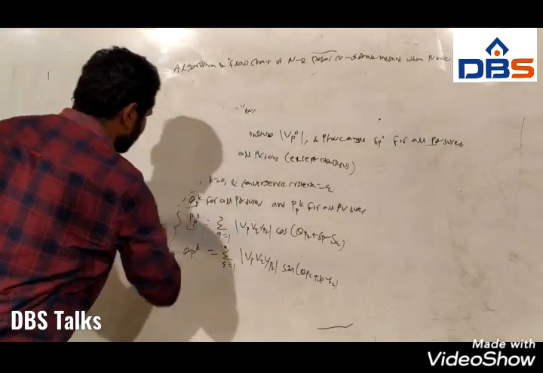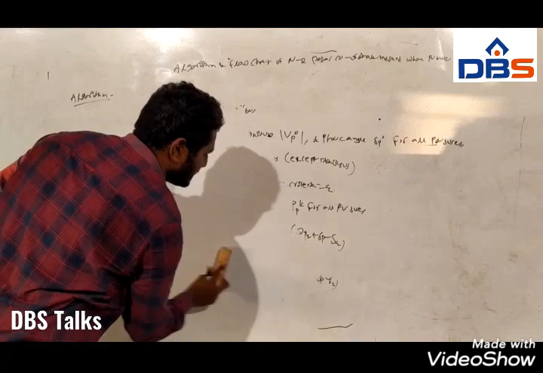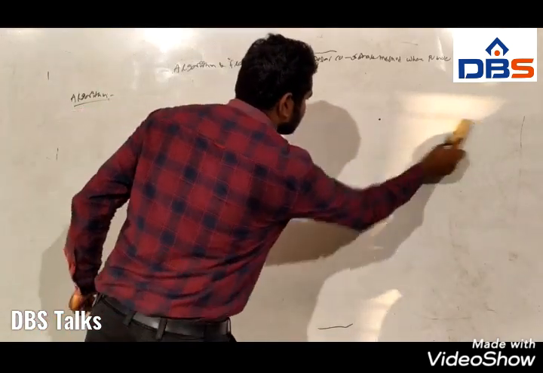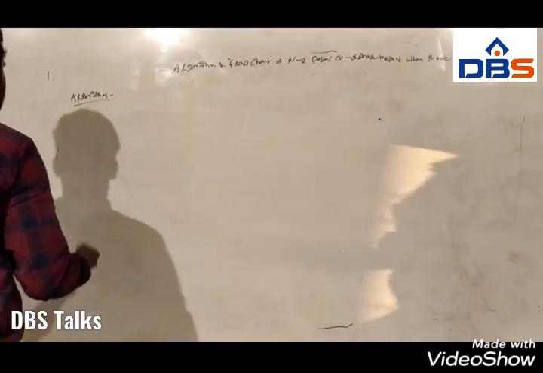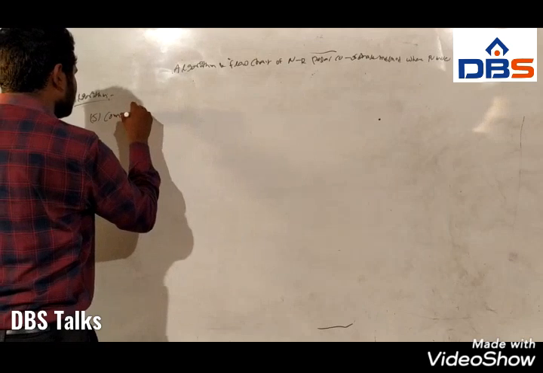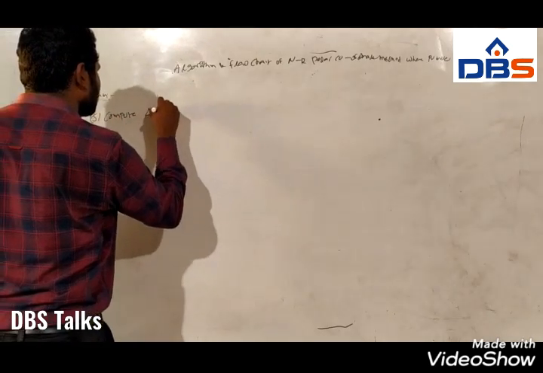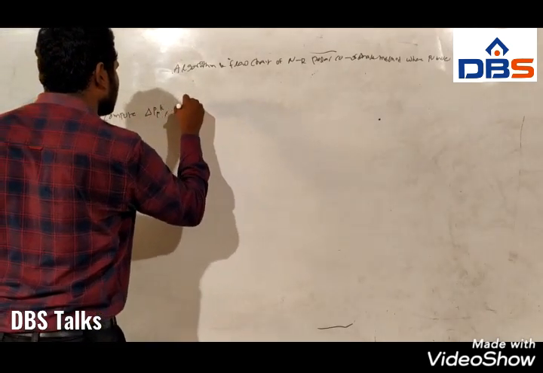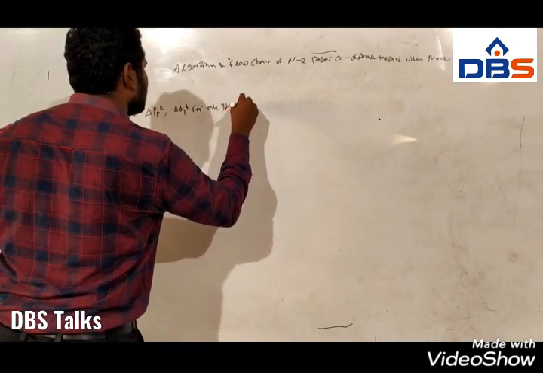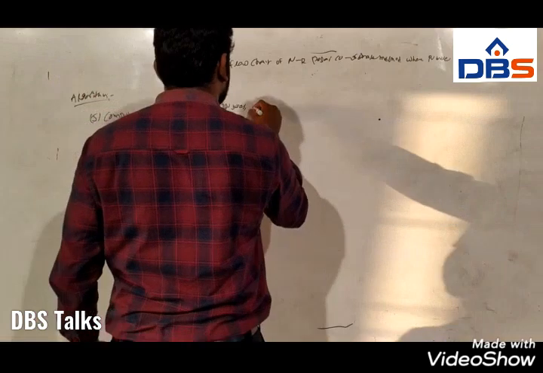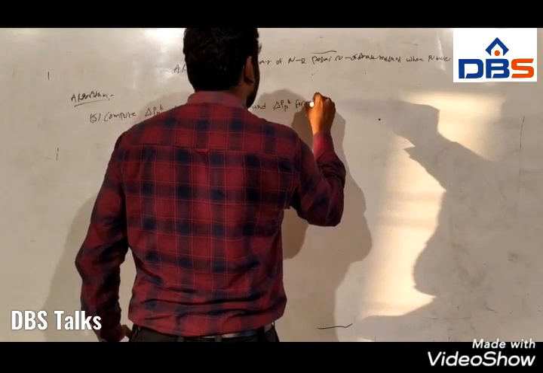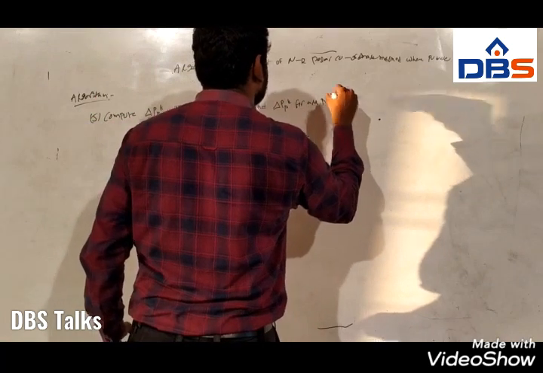In step 5, we calculate the change in real power and reactive power for all PQ buses and the change in real power for all PV buses. Compute delta Pp^k and delta Qp^k for all PQ buses and delta Pp^k for all PV buses.